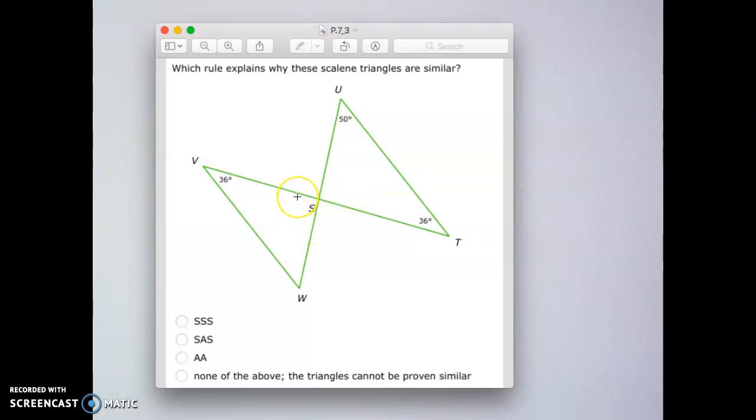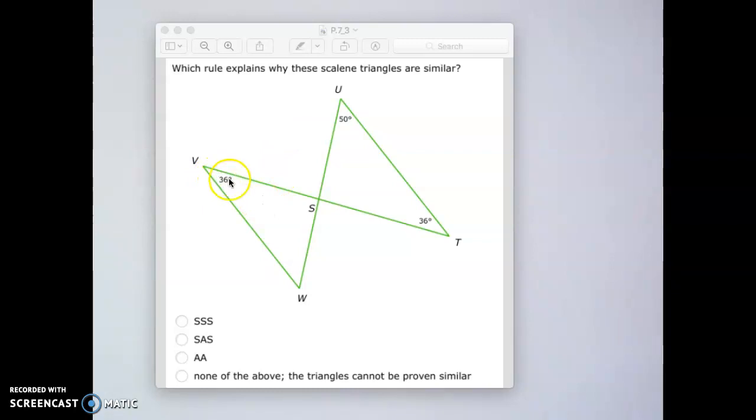So we would be able to say that angle VSW is congruent to angle UST because they are vertical angles. So now, because of the 36 and 36 here and then our congruent vertical angles, we would know that these two triangles would be similar by angle-angle.